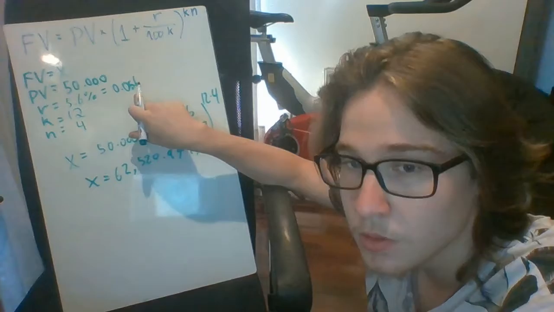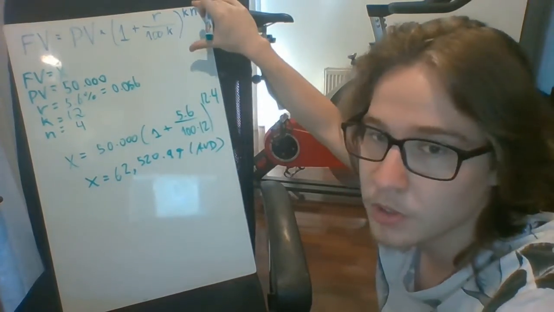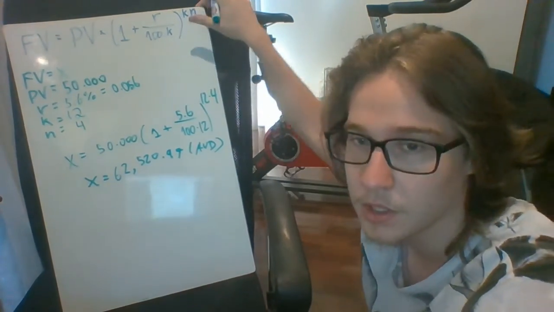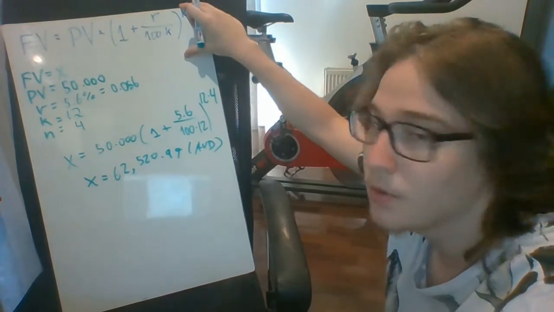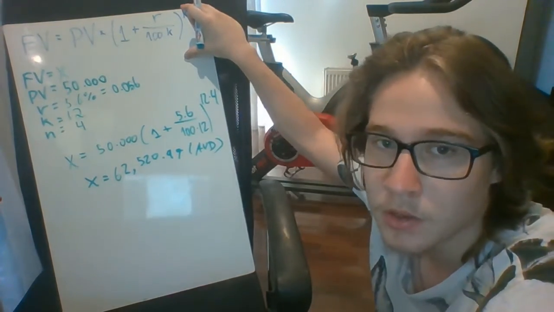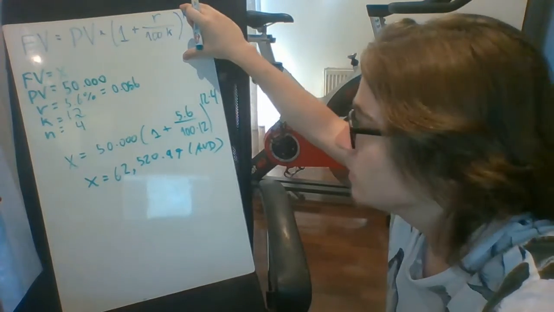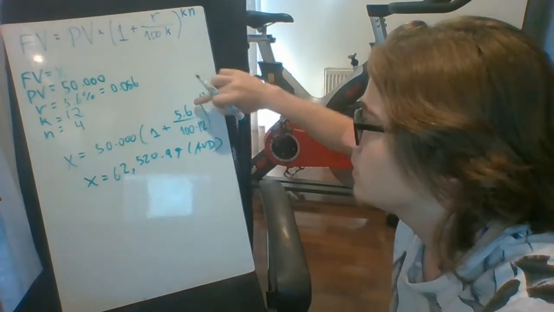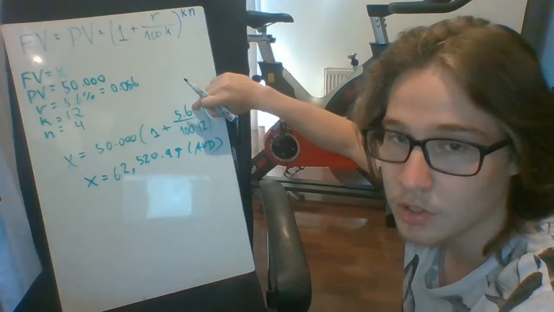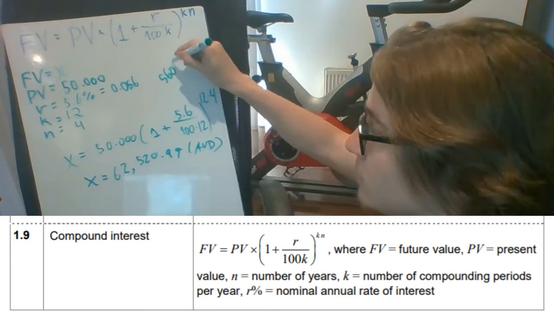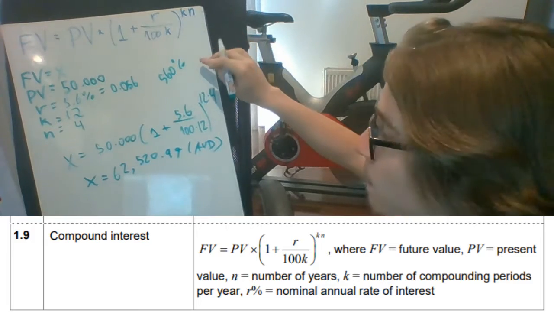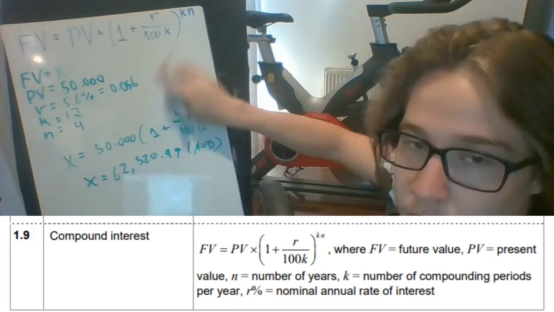This is true, but for the context of the formula, you don't really care about that, so don't get yourself tripped up on it. It's a little bit counterintuitive, so just get used to the formula and get familiar with it. The formula just assumes that this is 5.6%, even though in reality this would actually be 560%. So just trust the formula, trust the process.